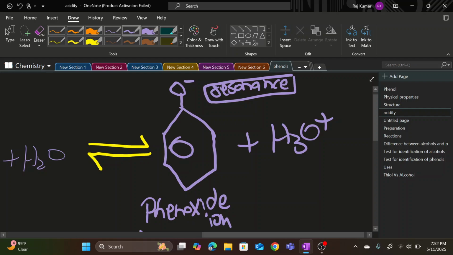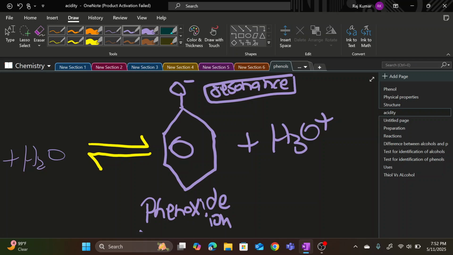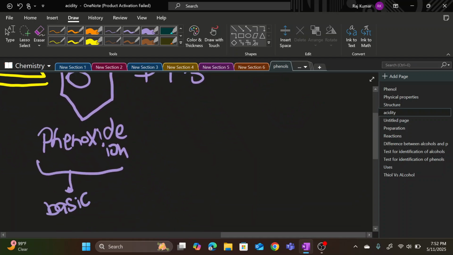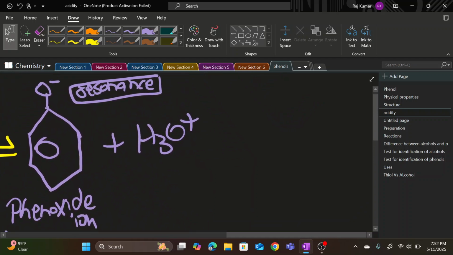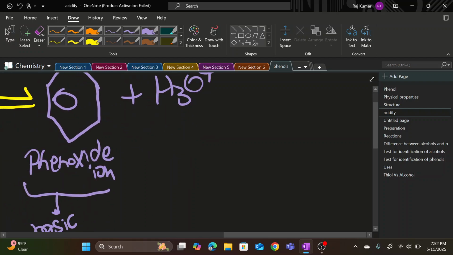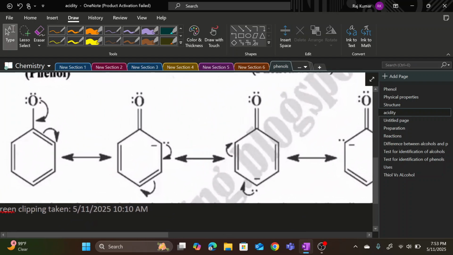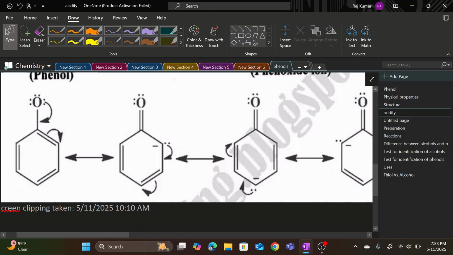We have studied in benzene that when there is delocalization of pi electrons, it creates multiple resonance structures. Likewise, resonance happens in the phenoxide ion as well. It happens when the electrons of the oxygen atom delocalize with the pi electrons of the benzene ring, and at that point they produce resonance structures.